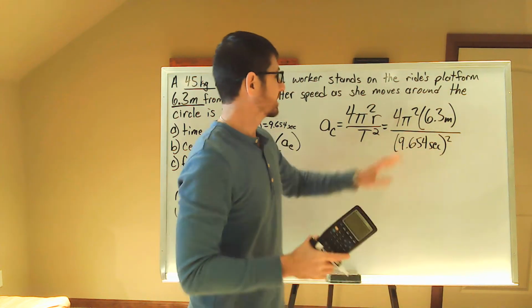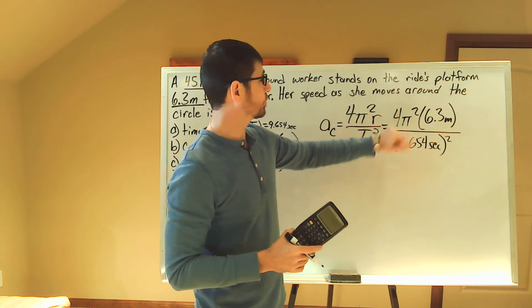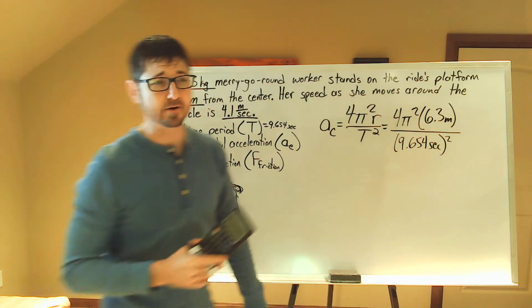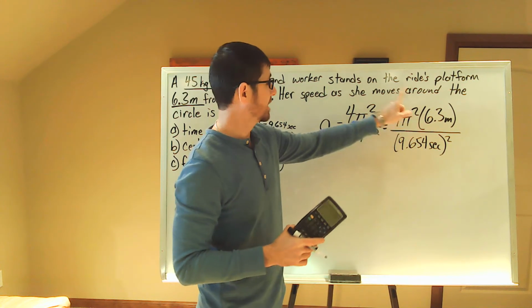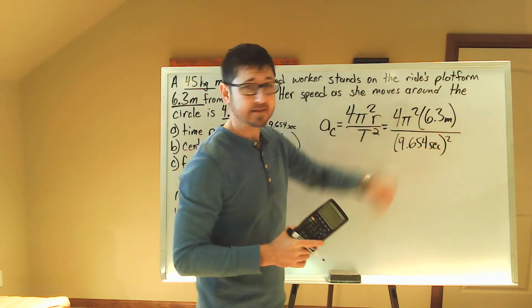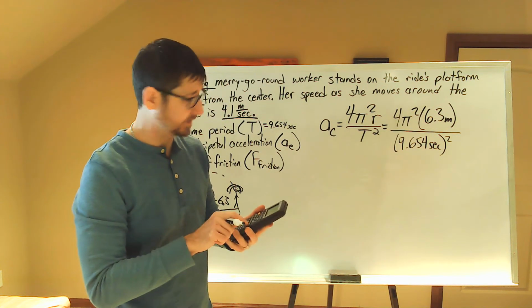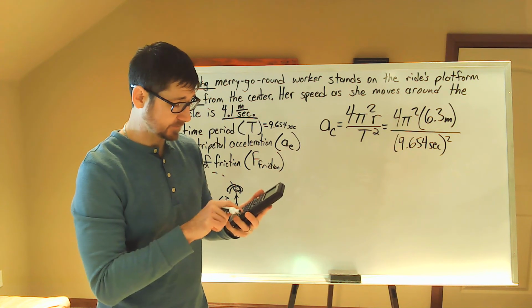So let's just start in the numerator here. According to the order of operations, we need to take care of our squared first. So I'm going to square pi, multiply it by 4, and then multiply that answer by 6.3 meters. So we're going to wind up with units of meters.